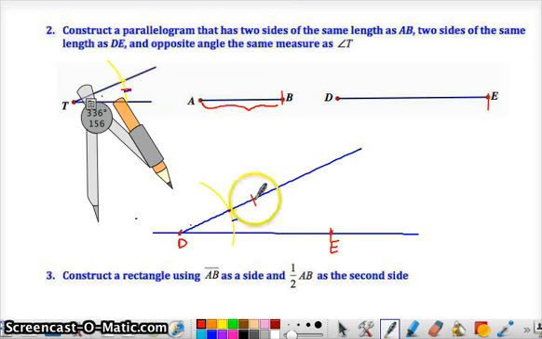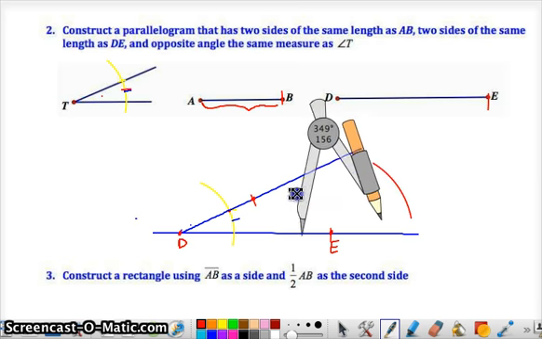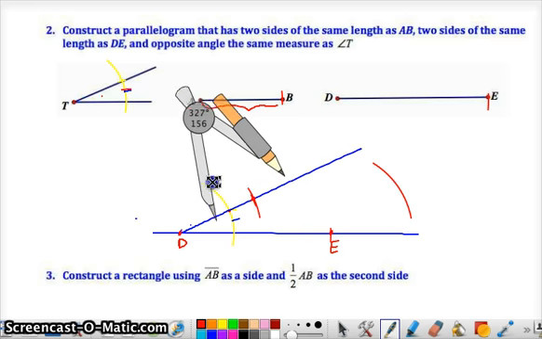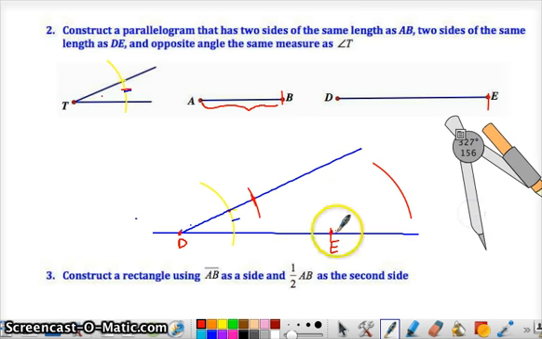So this has to be the point that's as high up as it can go. Okay, well if I replicate that over here, right, so I just make an arc. So D, this length has to be that long, so I put it on E, it has to be this long. Okay, so it has to go somewhere here, but I have to figure out where it is going to go.